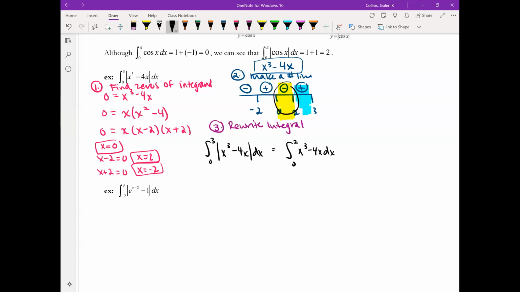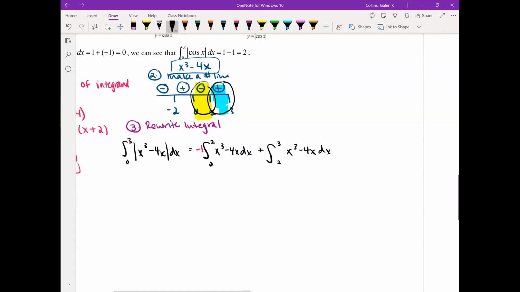But because that gives me a negative area, I'm going to multiply this by a -1. And that's going to allow me to drop those absolute value bars. And then I'm going to add to it the rest, so not from 0 to 3, from 2 to 3. Since our function is positive there, I do not need the -1.